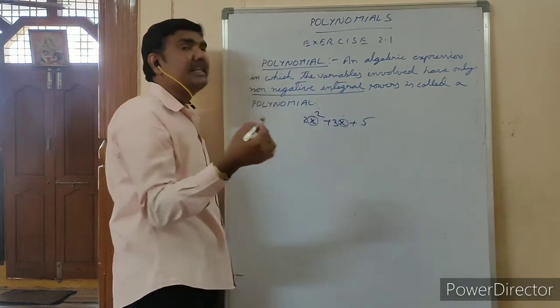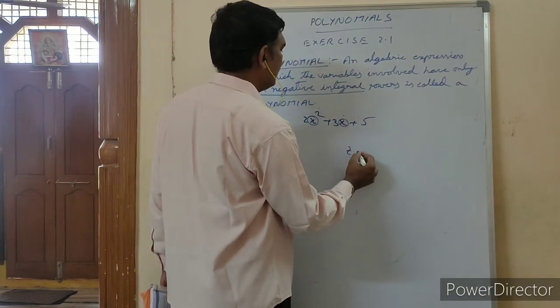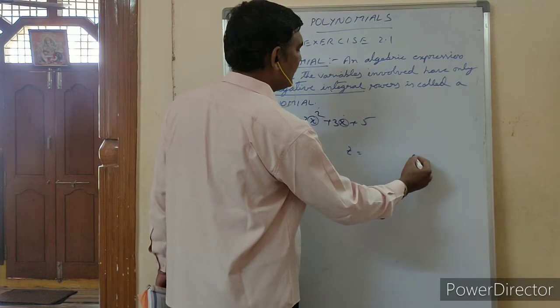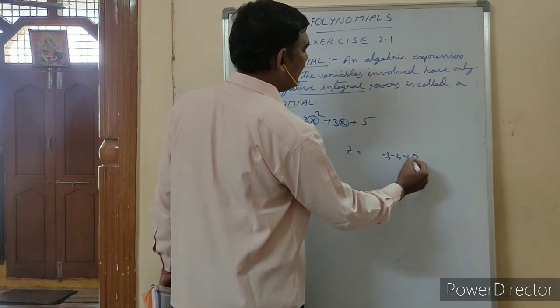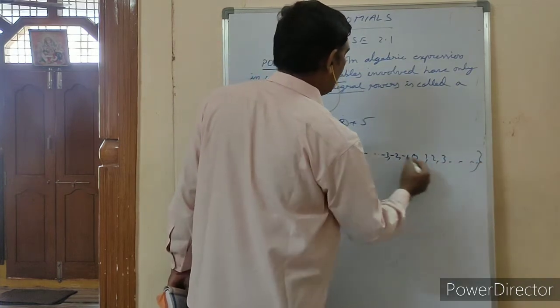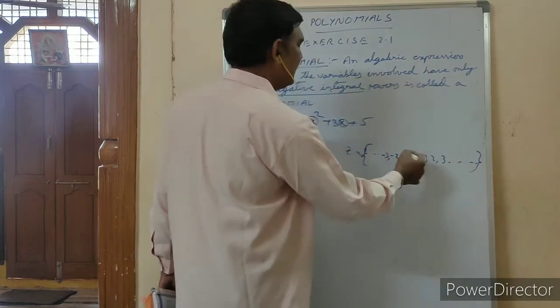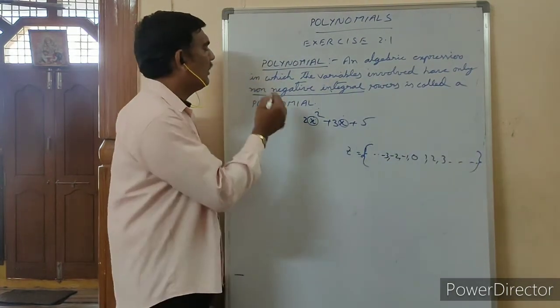Integral means integers. Integers will be like what? Z is equal to 0, minus 1, minus 2, minus 3, etc., and 1, 2, 3, etc. These are all integral powers. Z is called integer. These are called integral powers. But what is he saying?